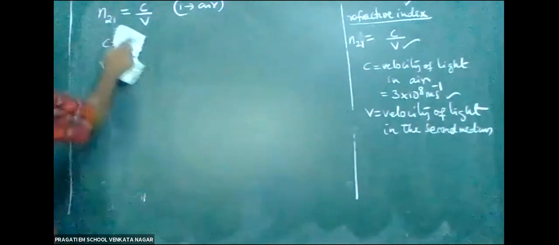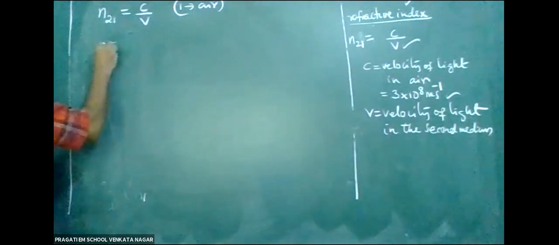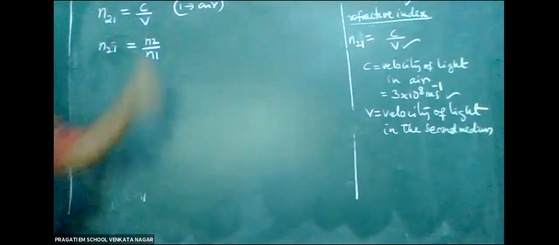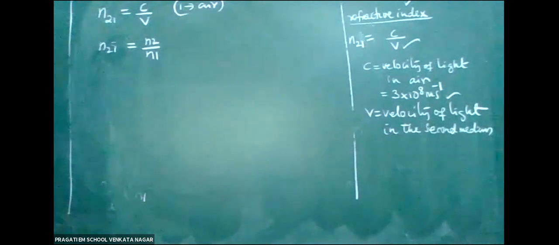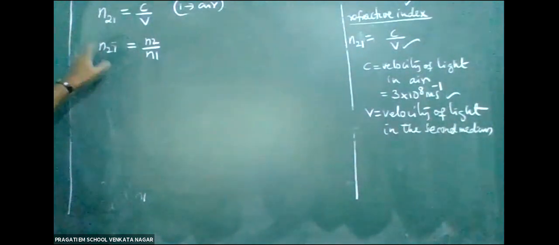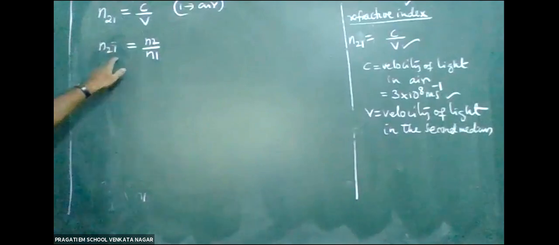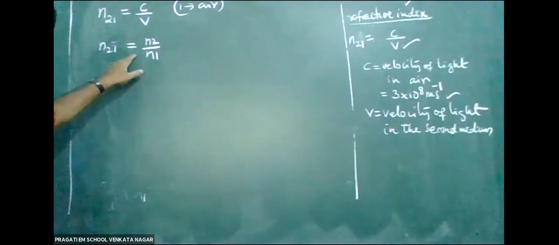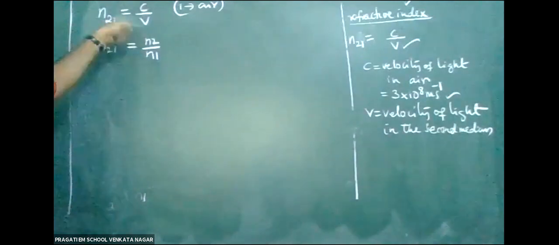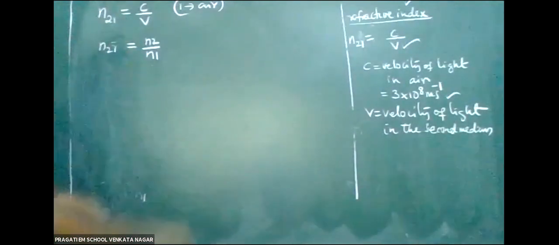And next we studied one more formula, N21 is equal to N2 by N1. Once more, always I say, it is the refractive index of the second medium with respect to the first medium, equal to N2, refractive index of the second medium by refractive index of the first medium.